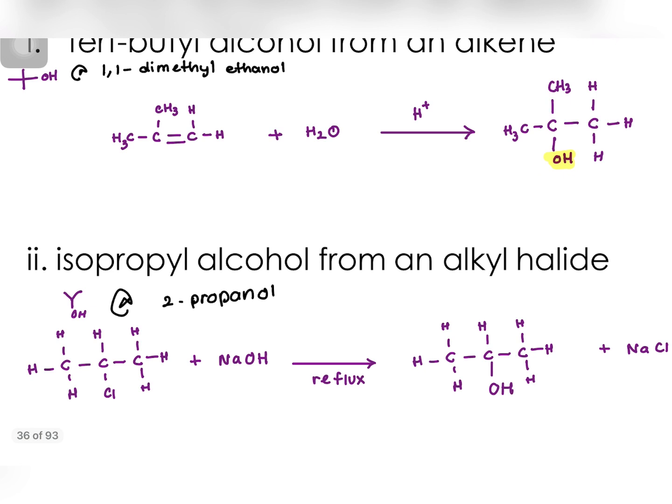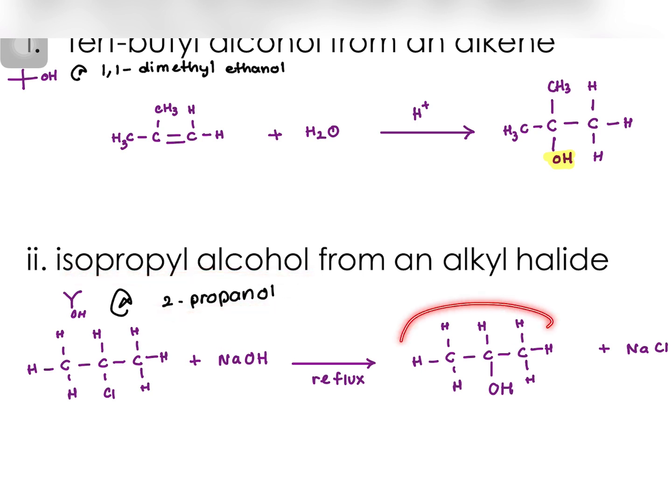Alright, so the next one, you have question, minta write the equation to form isopropyl alcohol from an alkyl halide. So soalan ni dia general je, dia tidak specific. So it can be any haloalkane. So tulis dulu isopropyl alcohol ataupun 2-propanol ni dulu.